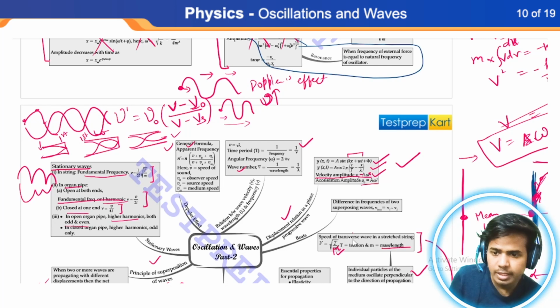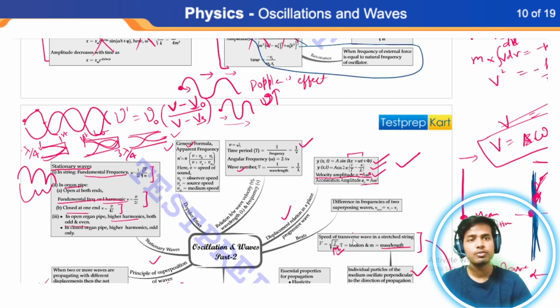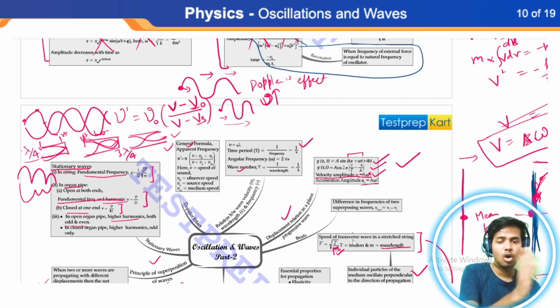See, it is taking lambda by 4, and it is taking 3 lambda by 4. If you look at it from the wave's perspective, it is taking 3 lambda by 4 distance, while it is taking lambda by 4. So it is always coming in the odd multiples, right?